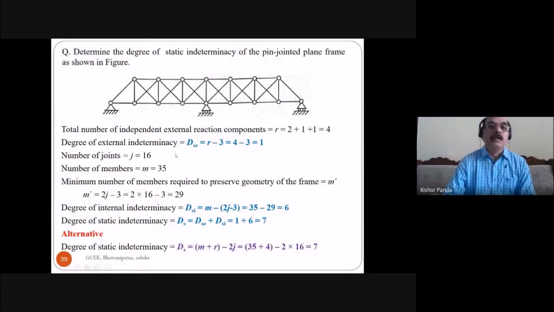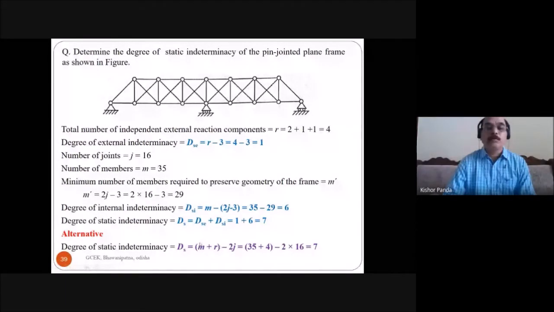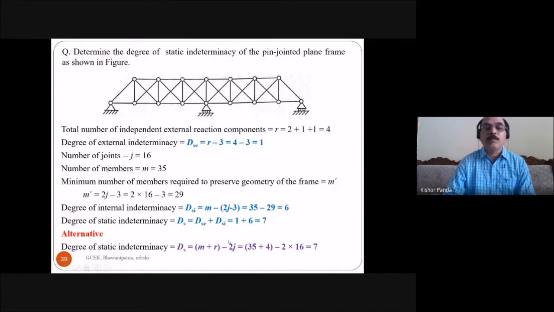And the degree of static indeterminacy you can also find out by an alternative formula. This is the direct formula. Here you have to find out the total number of unknowns and the total number of joint equilibrium equations. m plus r is the total number of unknowns.